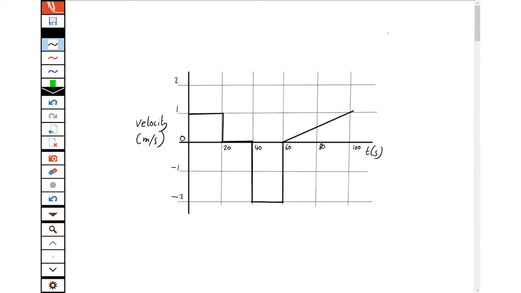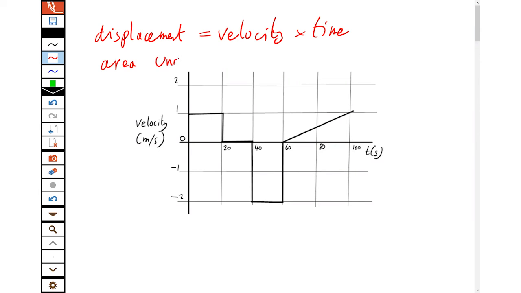The displacement, we remember, is velocity times time. So the displacement is just the area under a velocity time graph. You can just color in this region here, and the displacement is that area under the velocity time graph.